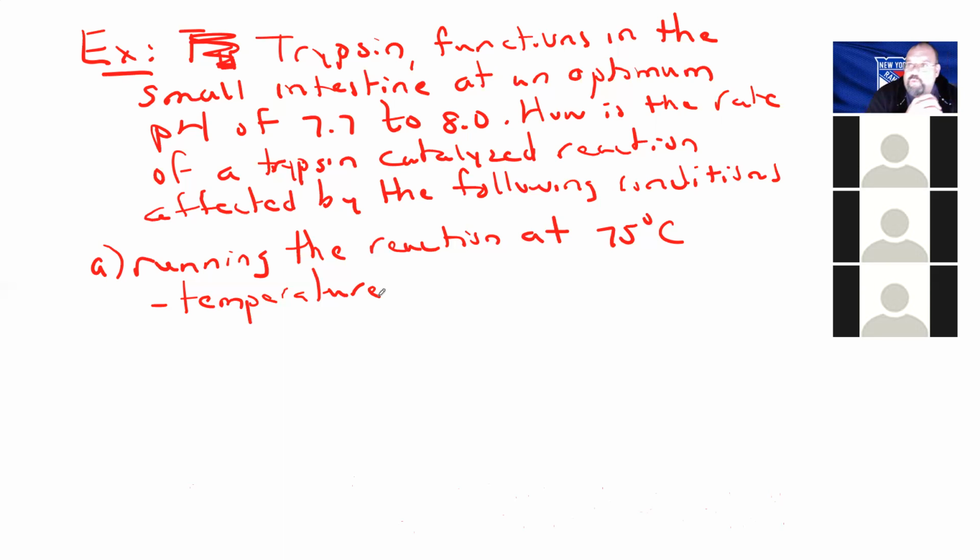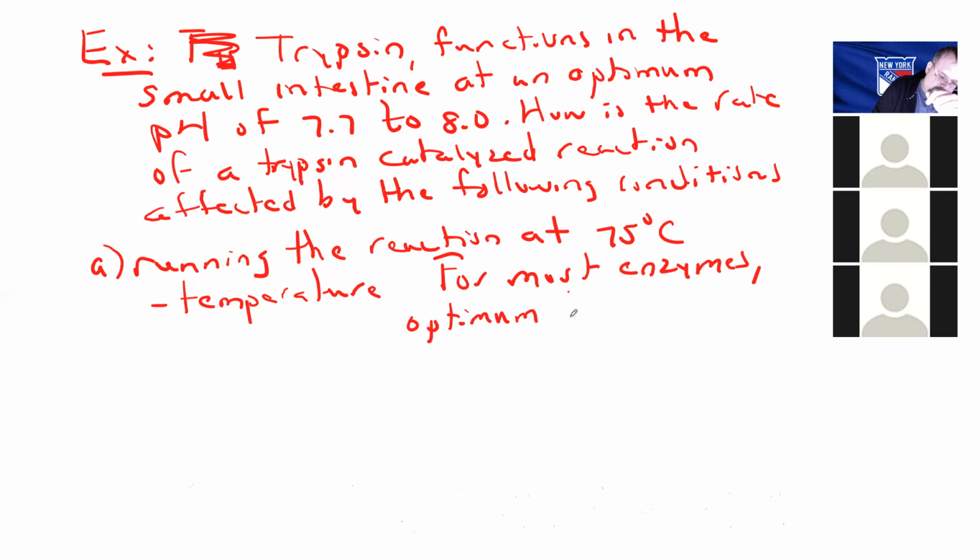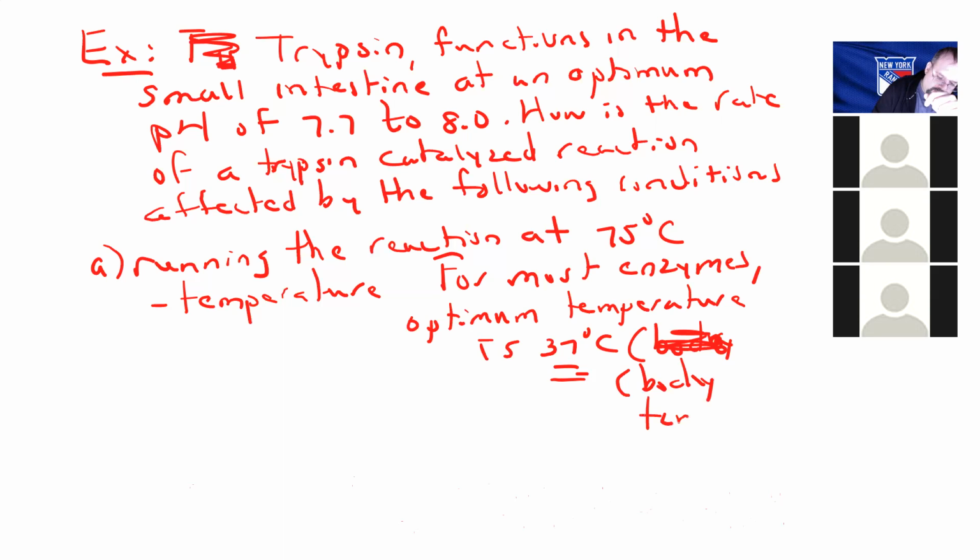That temperature is what is known as the optimum temperature, and for most enzymes, the optimum temperature is 37 degrees Celsius. And what's the impact of that? That, of course, is body temperature. So our bodies are set up to have most enzymes work at their best.